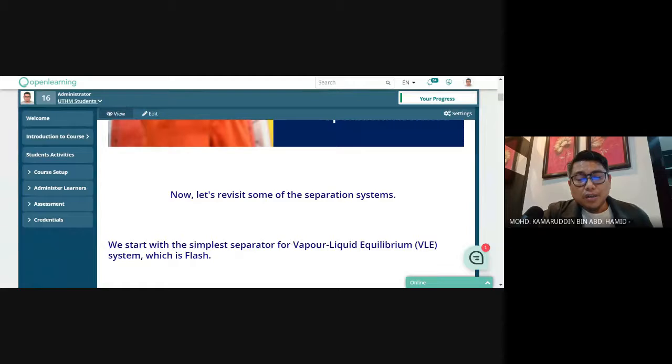Okay, alright. I will try to design one problem related to this yield and conversion, because that also relates with the operation at the end. Once we have come up with the reaction optimization or reactor optimization based on this reaction rate analysis, then baru kita fikir macam mana nak dapatkan pure component.